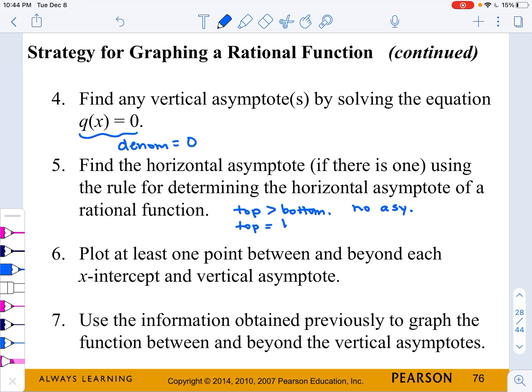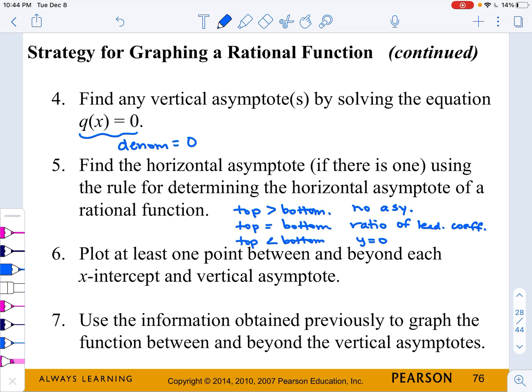If the top is equal to the bottom, you have that ratio of the leading coefficients. Again, this was in yesterday's notes, slightly written differently. If the top was less than the bottom, that is where you have a y is equal to 0 asymptote.